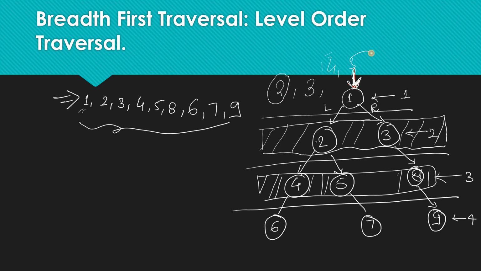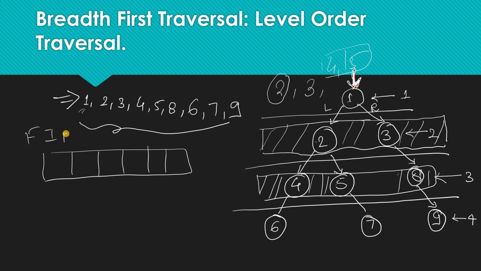I have to maintain the order in which I am traversing. If you look very closely, this property will be satisfied by a queue. If we use a queue, which is a first in, first out data structure, we can achieve this. Let's see how. Suppose we are on this node.